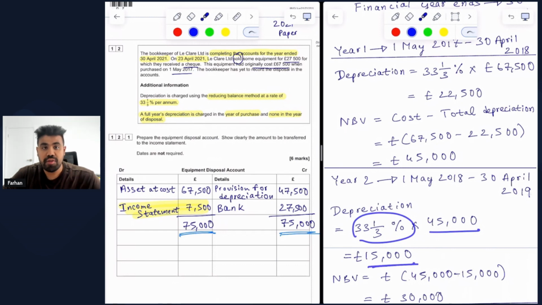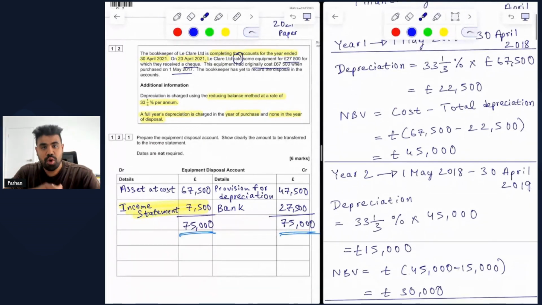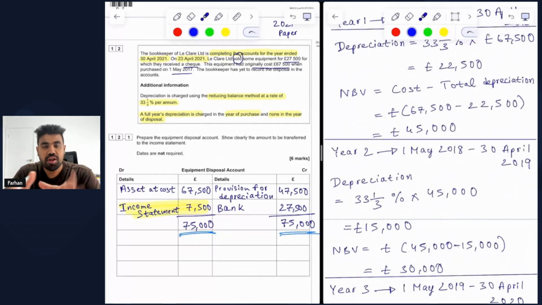Now, if you want to find the net book value at the end of year two, you can calculate it by taking the original cost and subtracting the total depreciation up to that point in time. There is also another way to rephrase this. If you want to find the net book value at end of year two, you can start with the net book value at end of year one and then subtract the relevant depreciation expense that you had for year two.